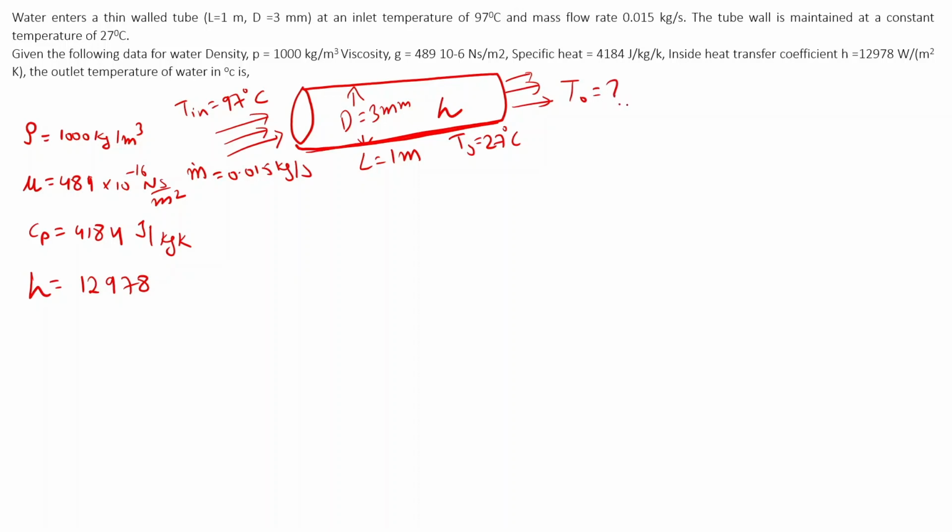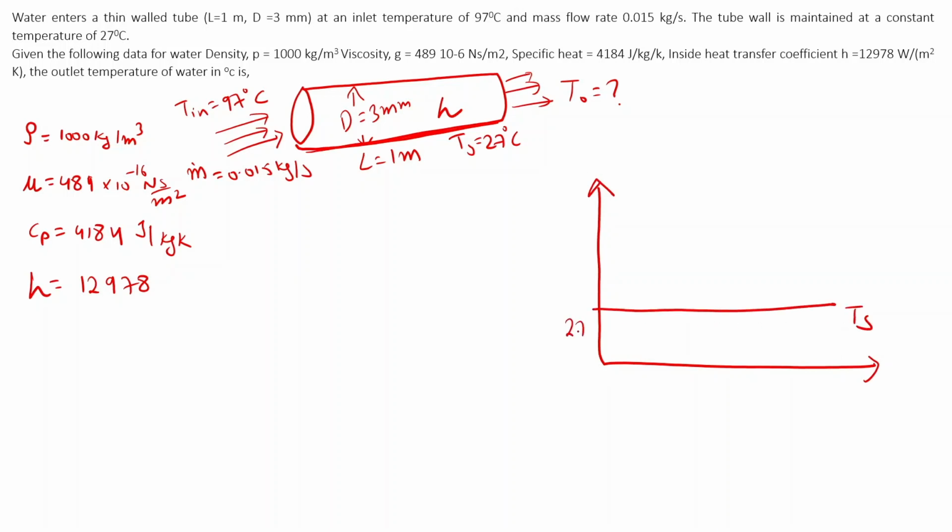So let's draw the temperature profile for this system, a rough temperature profile. Here, this is the temperature of the surface, 27 degrees Celsius. The inlet water temperature is given as Ti equal to 97 degrees Celsius, and it will decrease, and we have to find T out.